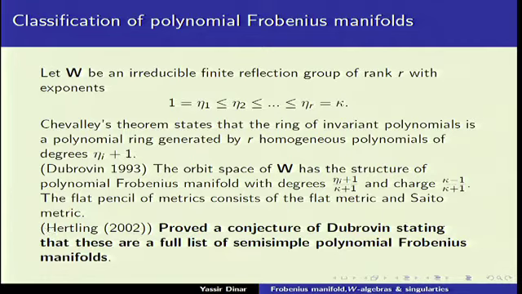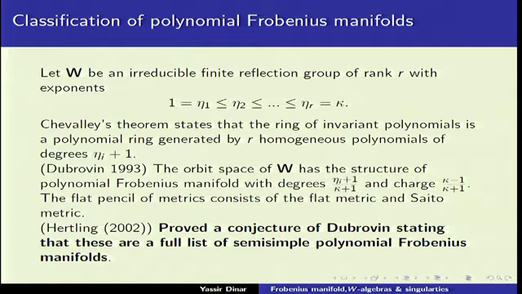So if you have a finite reflection group, the exponents are related to the invariant theory of this Coxeter group. By Chevalley's theorem, the invariant polynomials of the action of a reflection group are generated by r homogeneous polynomials of degrees which are related to the exponents of the Lie algebra.